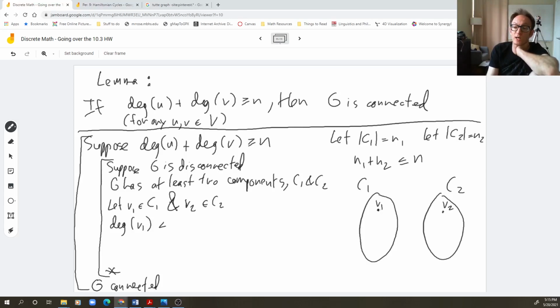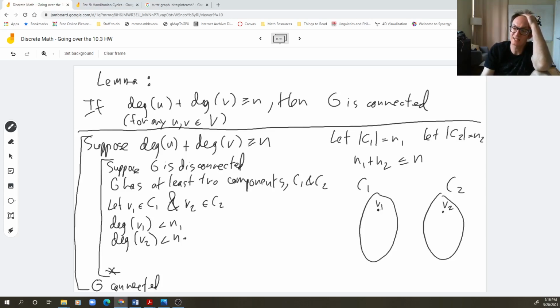So the degree of v1 has to be strictly less than n1, because this is a simple graph, so v1 is not adjacent to itself. So as there are only n1 total vertices in C1, if v1 is adjacent to every single other vertex in that component, then it will be adjacent to precisely n1 minus 1 vertices. And what is the degree of v2?